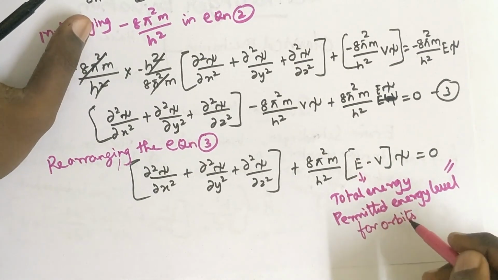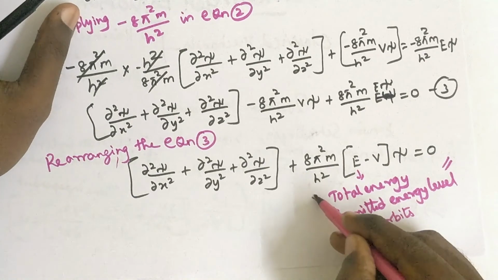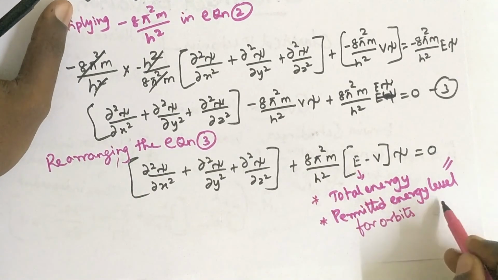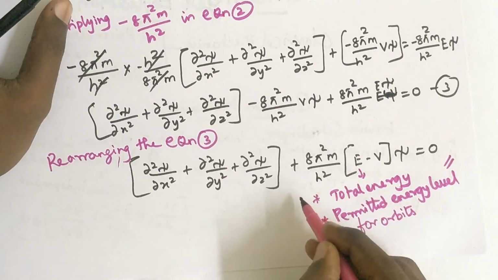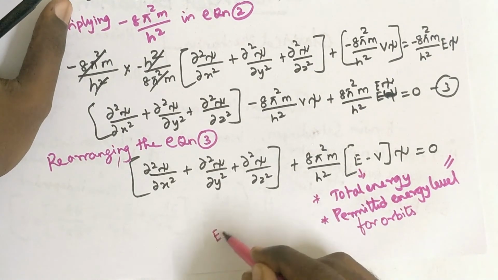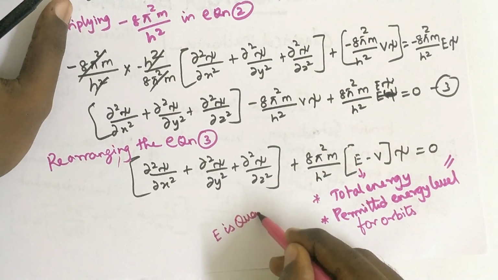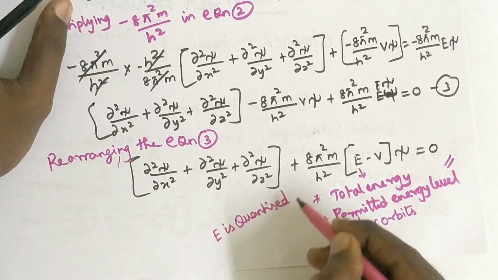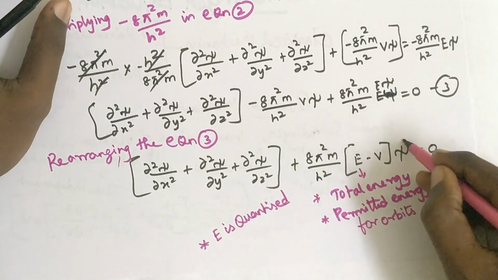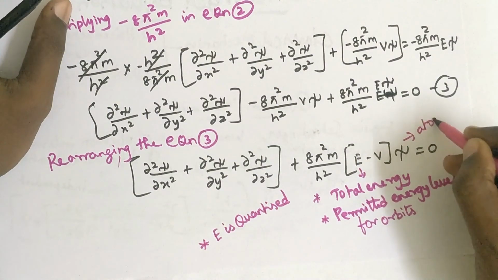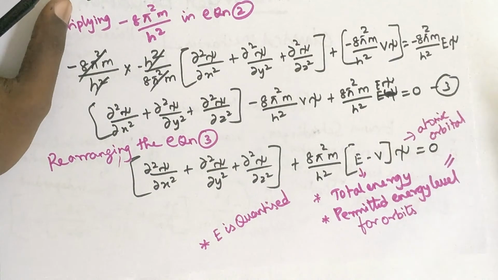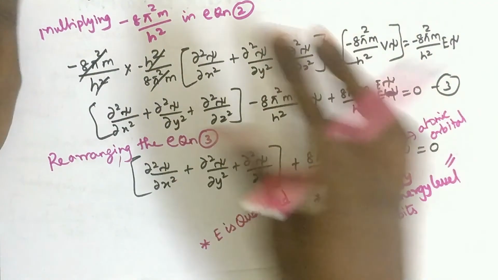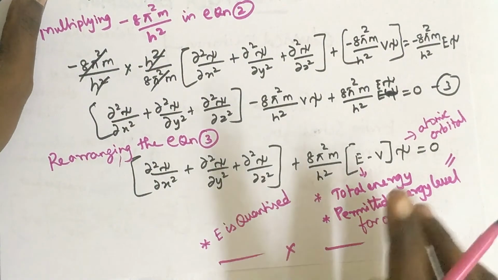So E is the total energy, and it also has permitted energy levels for orbits, so it can be measured. This E value is quantized. The psi function denotes the atomic orbital. So these are about the Schrodinger equation.